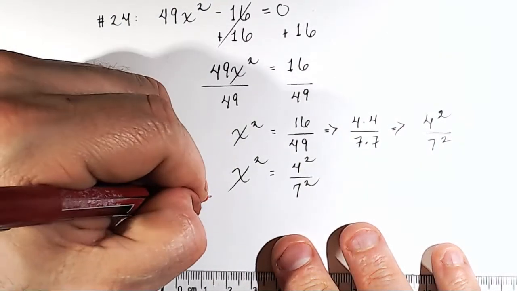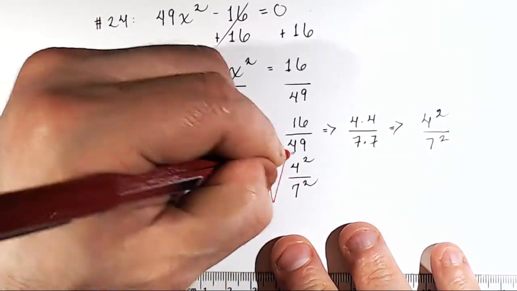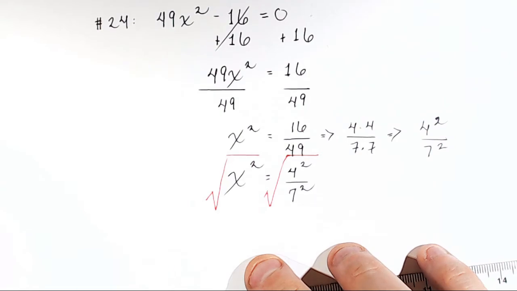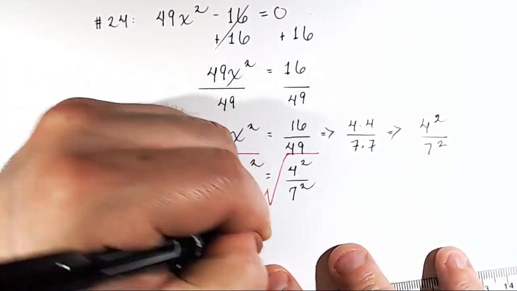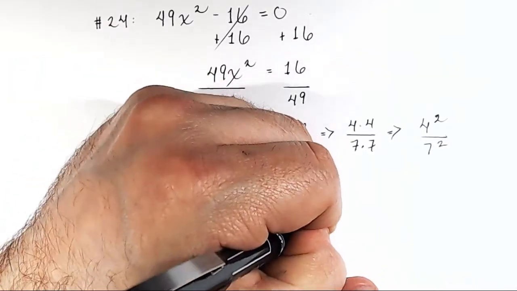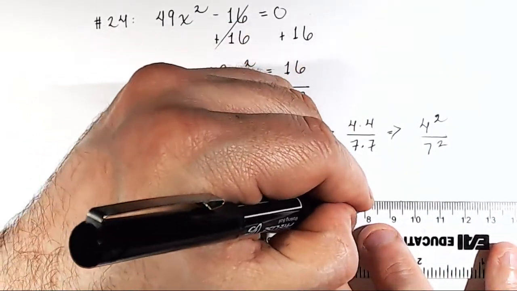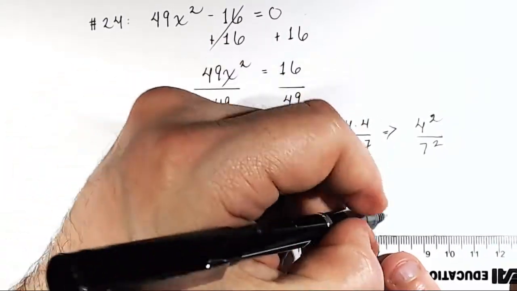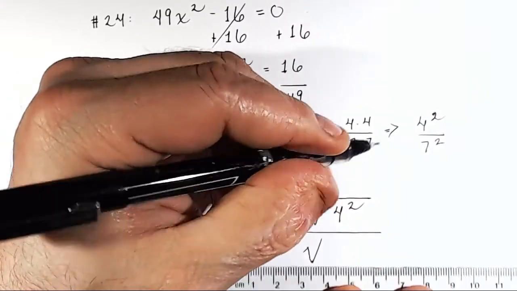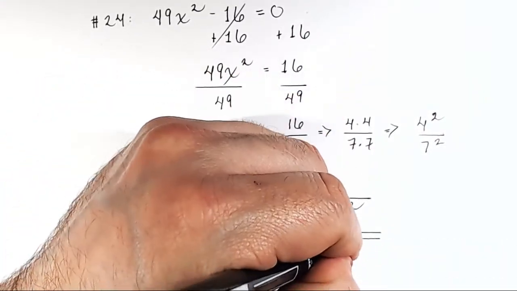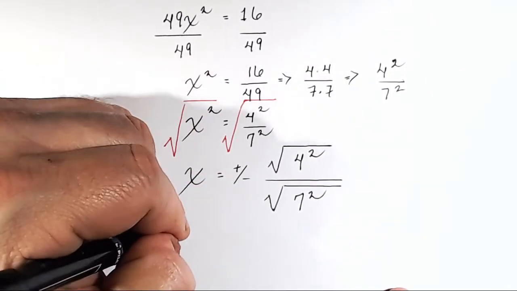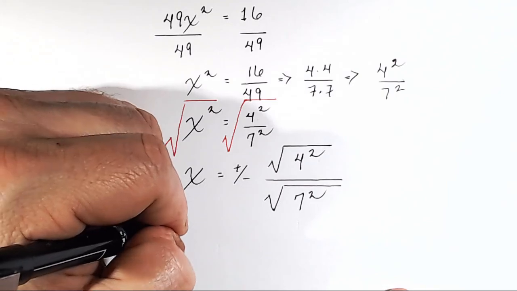And what I want to do is take the square root of both sides. And when I take the square root of both sides, I get x on the left equals plus or minus the square root of, I'm going to split these up by numerator and denominator, 4 squared over the square root of 7 squared. Okay, now the square root of 4 squared is 4.